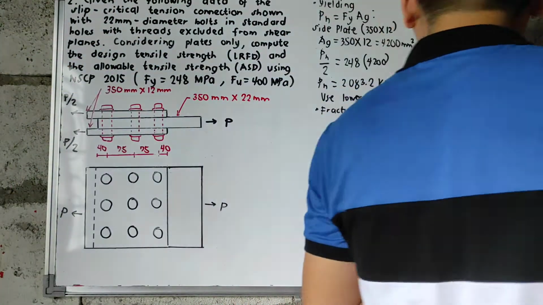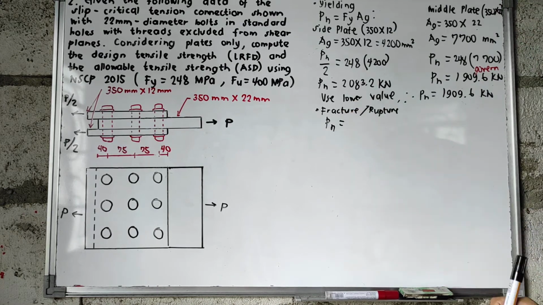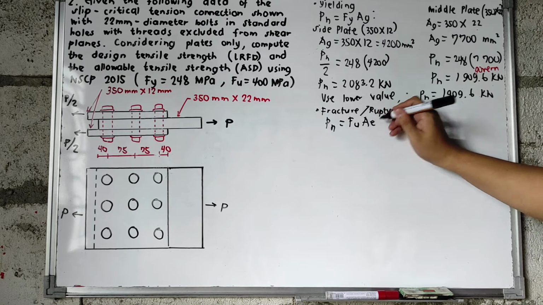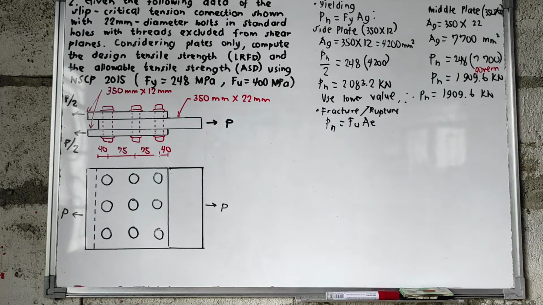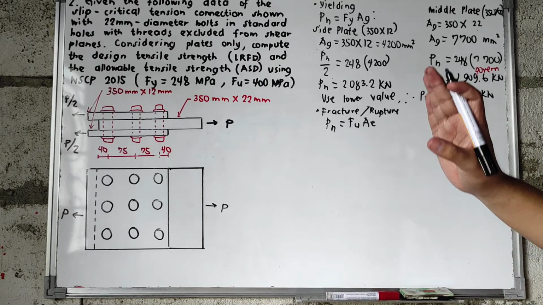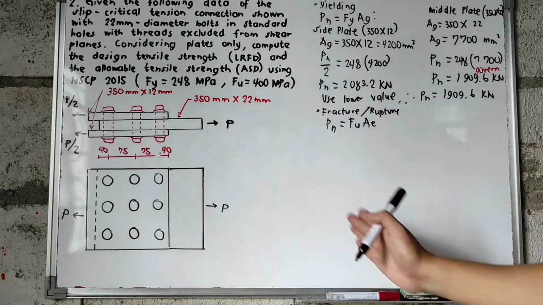We're computing for the value of your nominal, that is equal to Fu since it is fracture, tapos yung effective net area natin. So, for this one, magkakaroon na ng effect etong mga bolts natin dito sa plate natin.